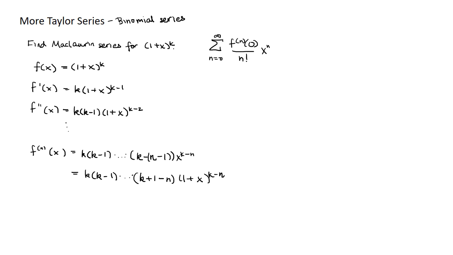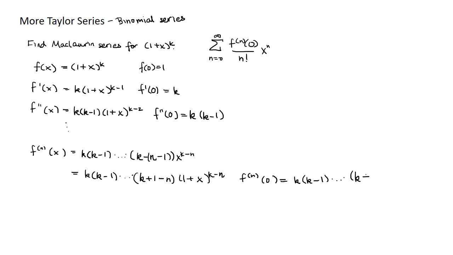When we evaluate this at 0, we get, well, f of 0 is 1. The derivative of f at 0 is k. The second derivative at 0 is k times (k-1), and so on. The nth derivative at 0 is just these coefficients, k times (k-1), all the way down to k minus n minus 1, so k plus 1 minus n.